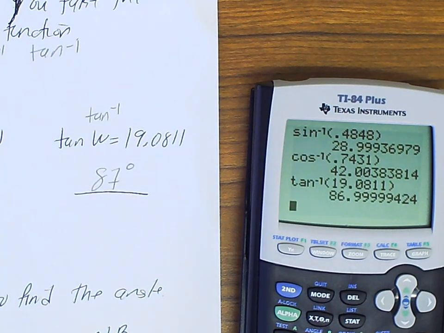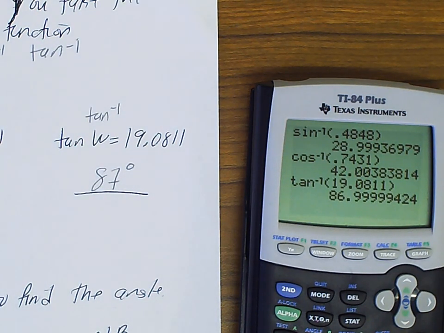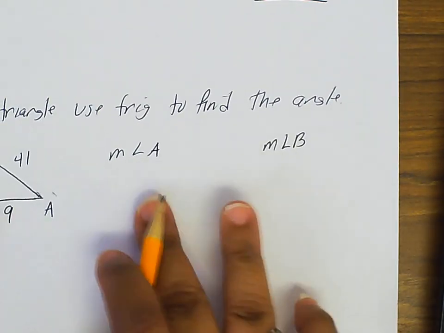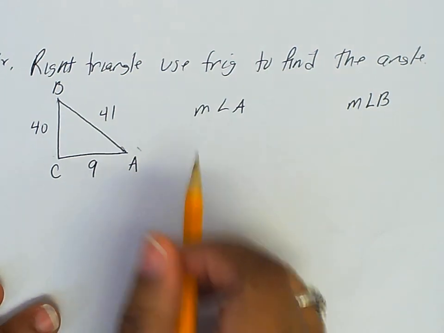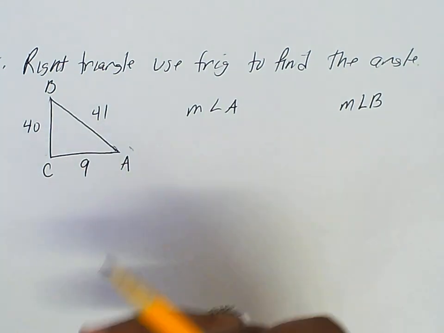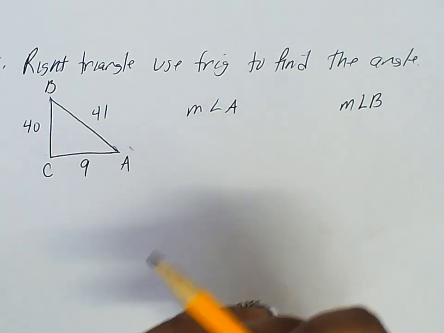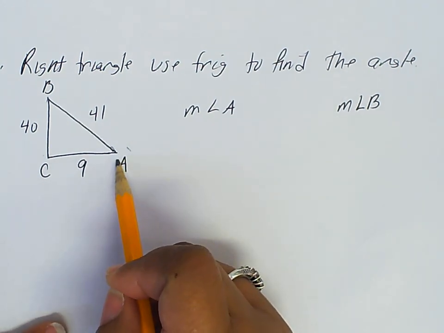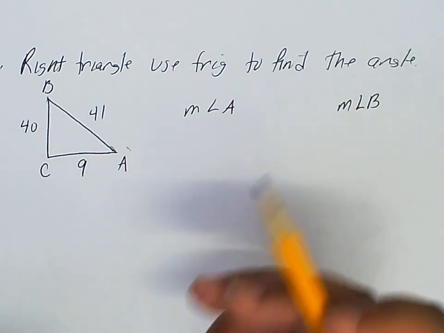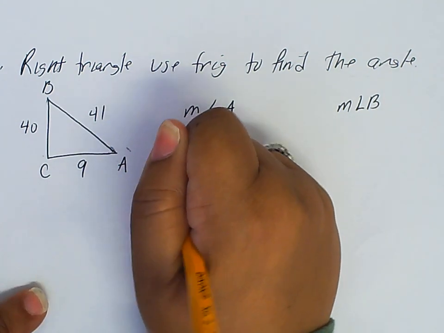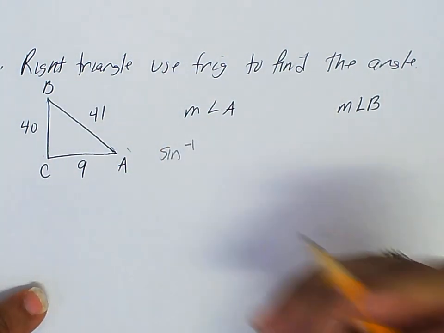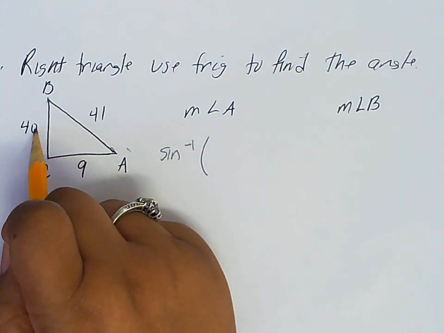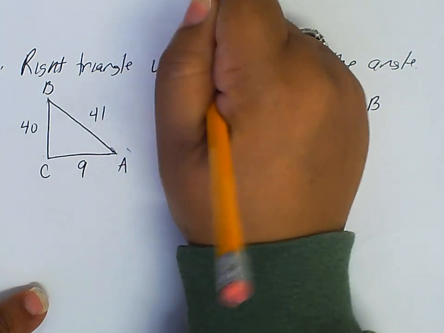So is that easy to get the angles? You just got to make sure you take the inverse. I'm going to do one more where I'm just going to find the angles. I'm going to do angle A and B. They're giving me all the sides, so it doesn't matter which trig method you use because they're all going to work. So I'm going to do angle A, and I decide to use sine, and you know you're going to have to take the inverse, so go ahead and put the inverse on there.